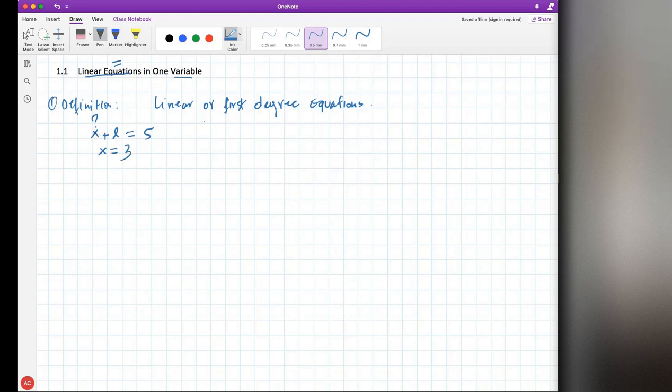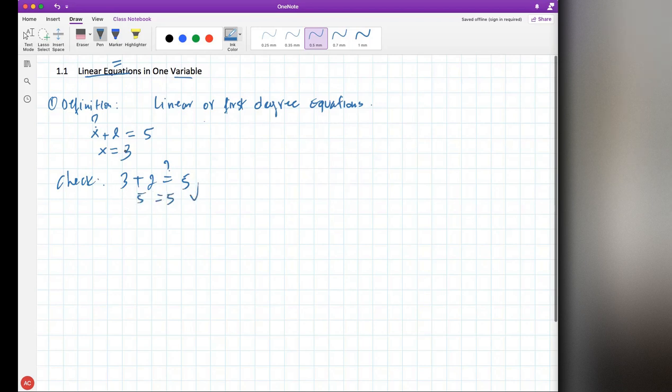Because if you check it, you put 3 into the equation. So it's 3 plus 2, and you ask, is that equal to 5? When you plug it in, you should make the two sides equal. So if you say the solution is 3, you replace the x with the solution, then you simplify, and that works.